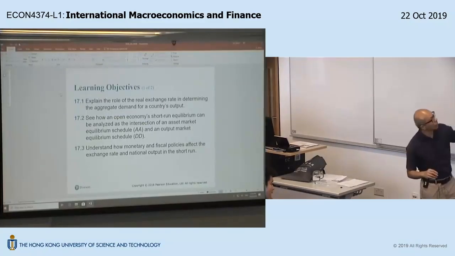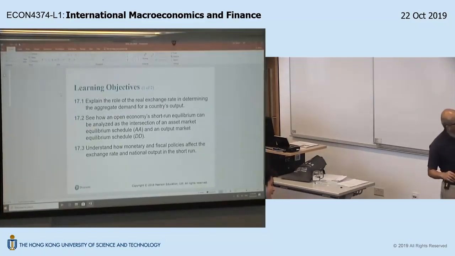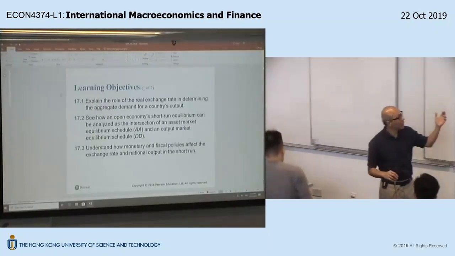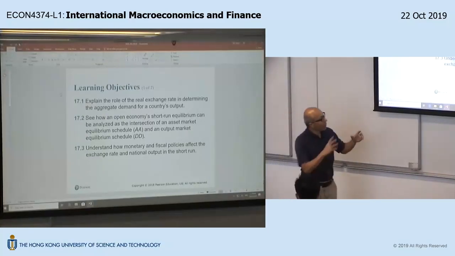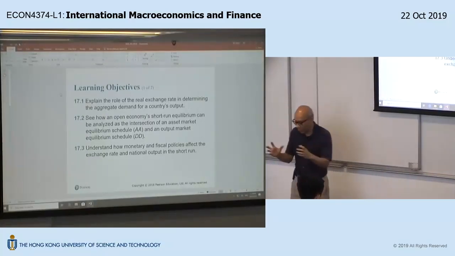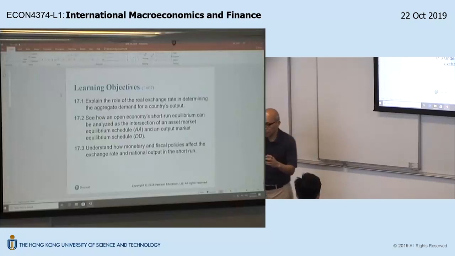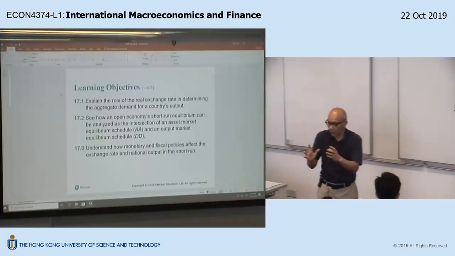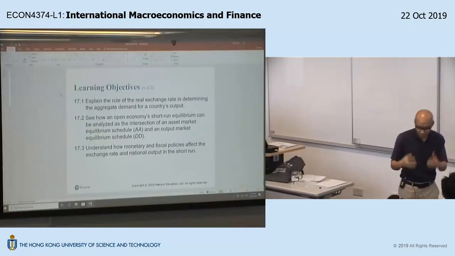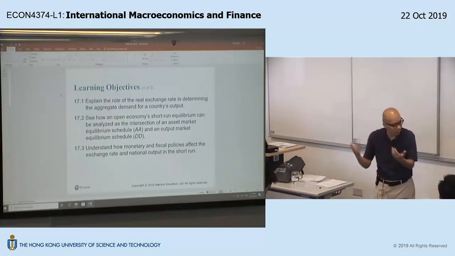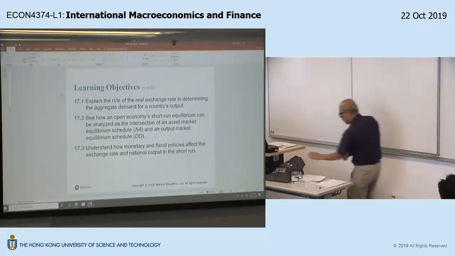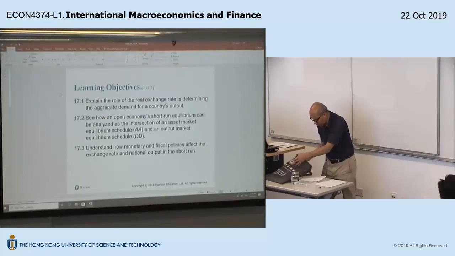We're going to use a framework called the AADD framework, which can help us determine the exchange rate and the output at the same time. So it's a general equilibrium analysis.